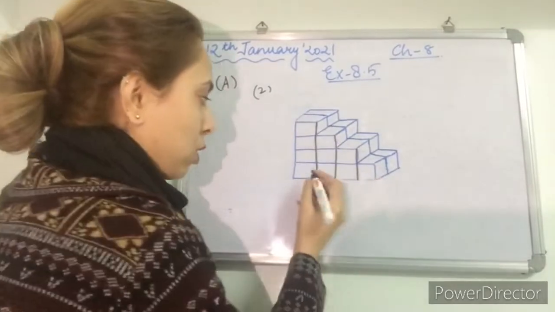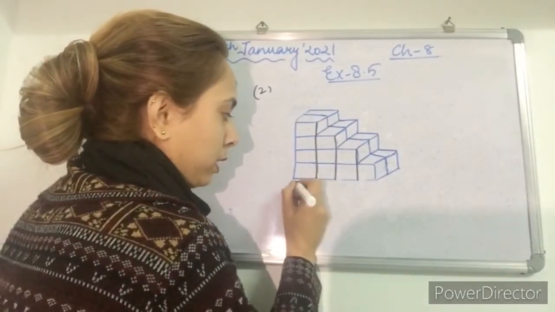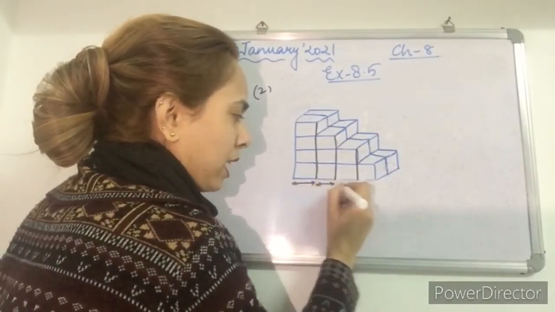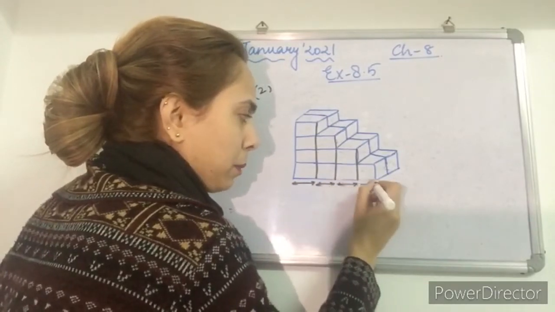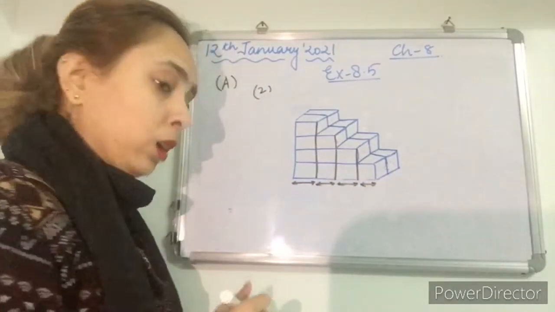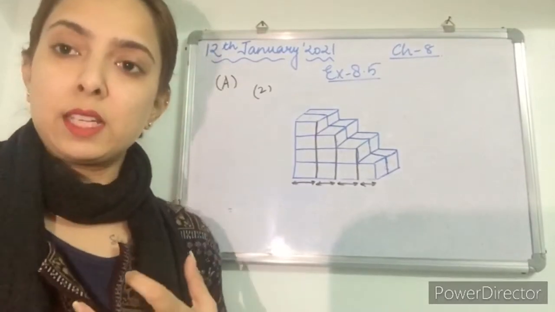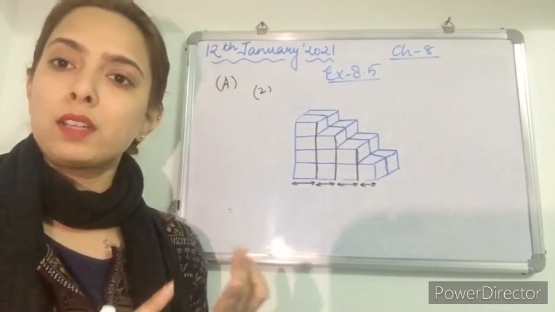Okay, so let's talk about this first cuboid. Now all these cuboids are separated. Now these cuboids will have different length, different breadth and different height.